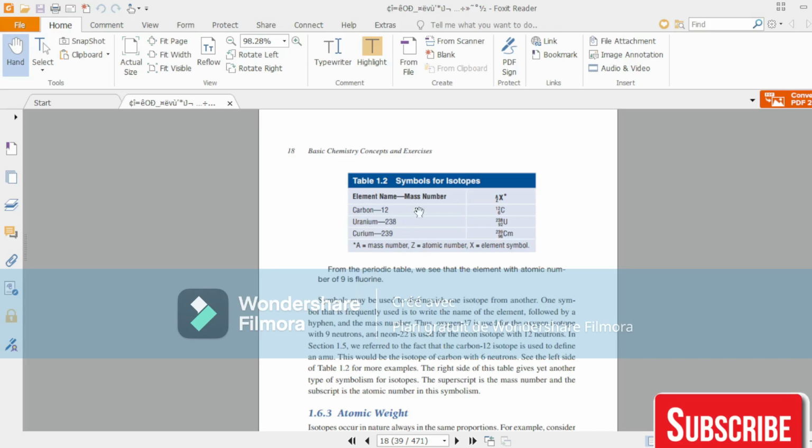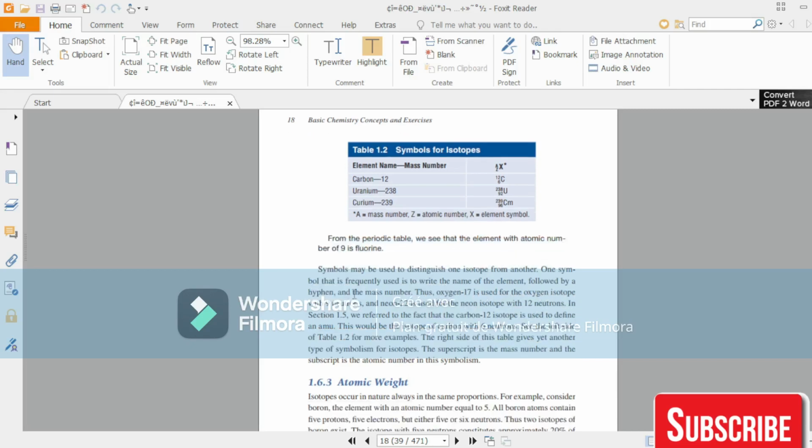So we have the symbols for isotopes: element name, mass number, such as carbon 12, uranium 238, curium 239. A refers to mass number, Z refers to atomic number, and X refers to the element symbol. Symbols may be used to distinguish one isotope from another.